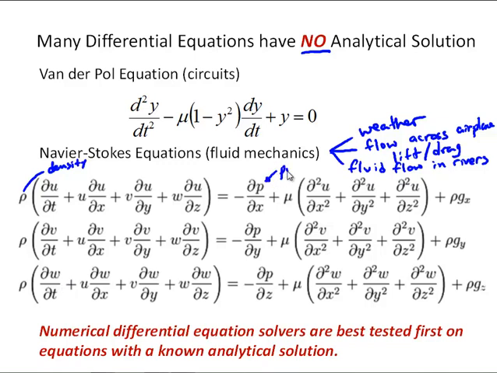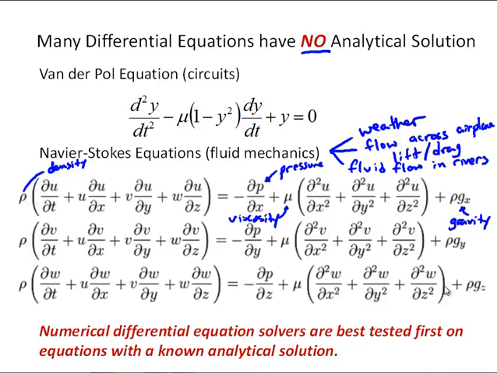P is the pressure, mu is the viscosity, and g is the acceleration due to gravity. And the reason we have potentially 3 components of g is because our x, y, z coordinate system for applying these equations may or may not line up with the typical z direction going up from the Earth's surface.